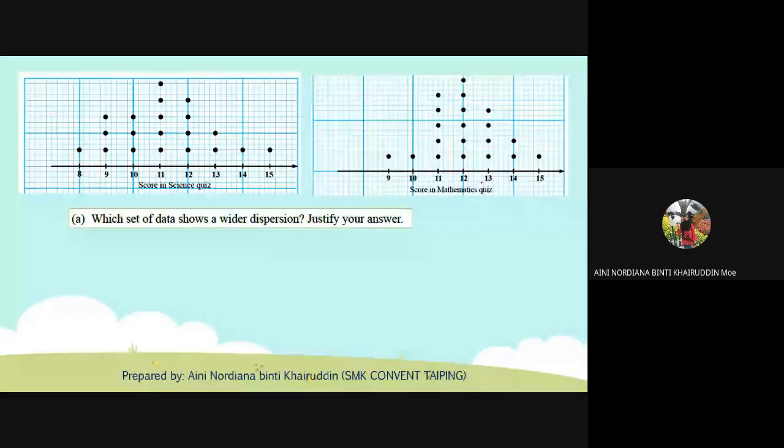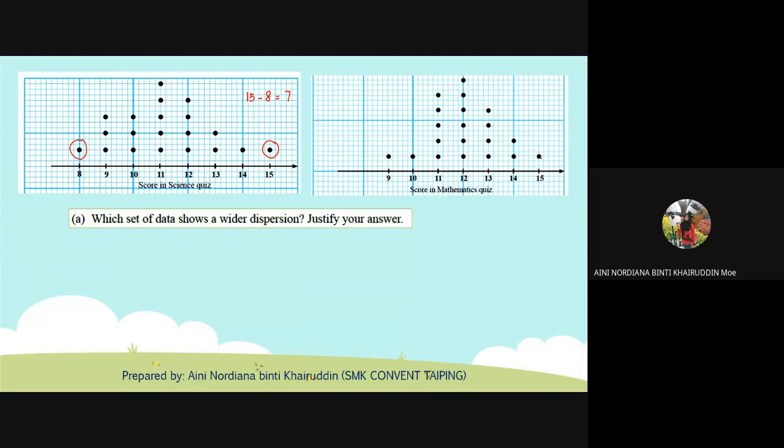Lagi besar range, lagi wider the dispersion. Okay, range tu ingat lagi tak? Range tu adalah highest value minus lowest value. So kalau you tengok dekat science quiz, highest value 15, lowest value 8, lepas tu kita minus lah. 15 minus 8, you will get 7.